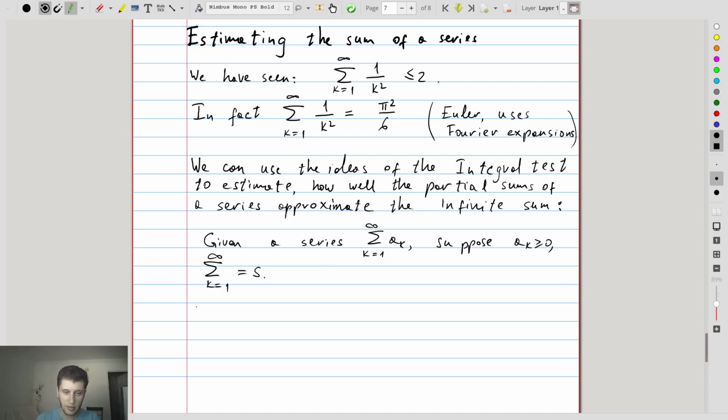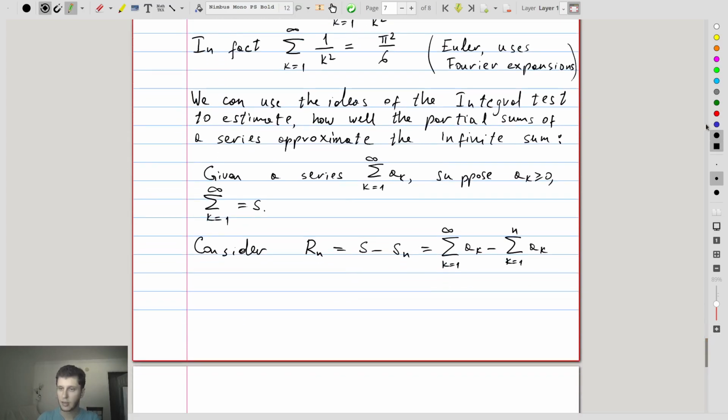Okay? Consider the differences between s, the true value of the infinite sum, and the partial sums. Right? So this is the difference between the infinite sum of a_k's and the finite sum of a_k's for k from 1 to n. Okay.